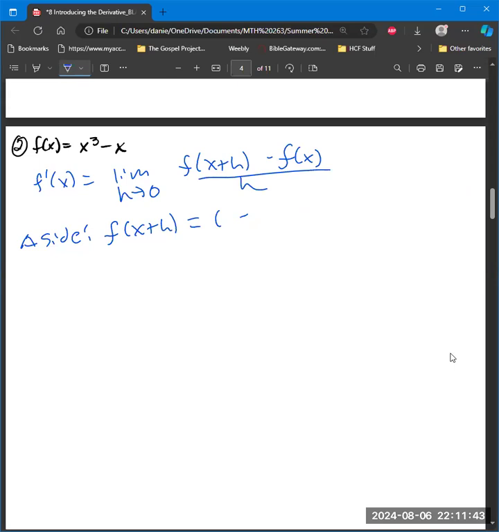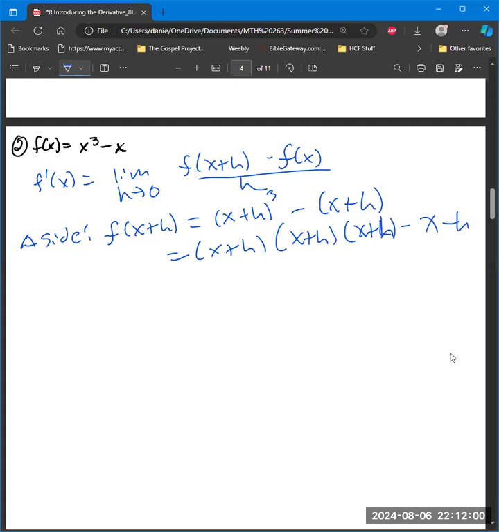Let's write this out: it's x plus h, x plus h, x plus h, minus x minus h. All right, so now we need to FOIL over here on the right.